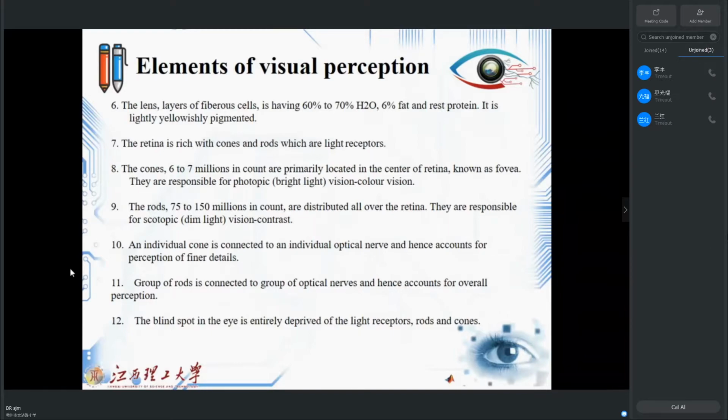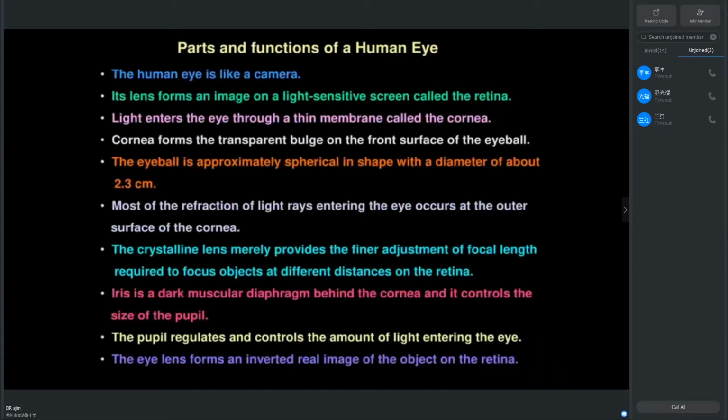The blind spot in the eye is the part entirely devoid of the light perception rods and cones.